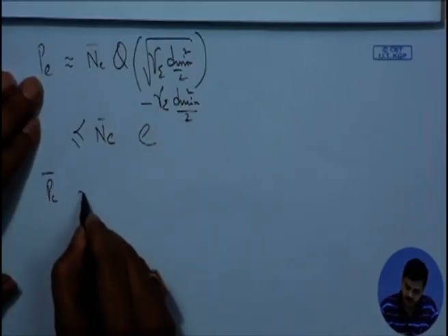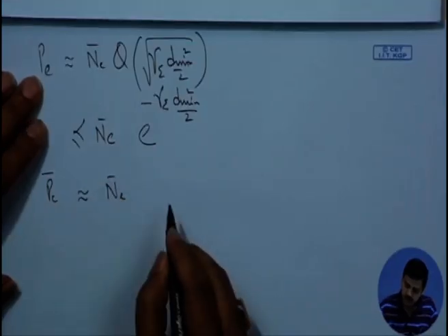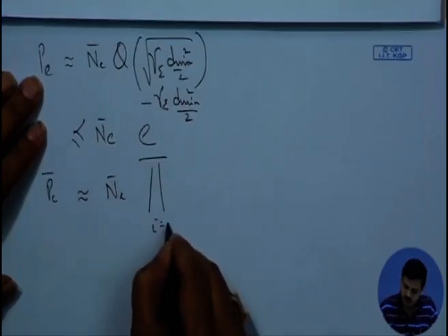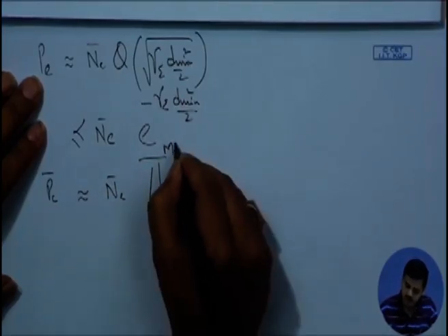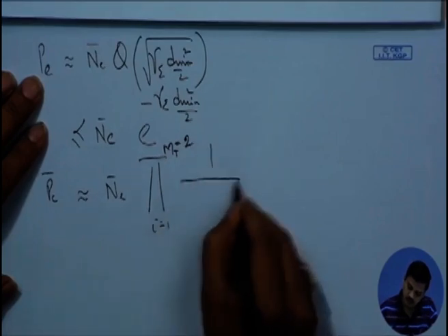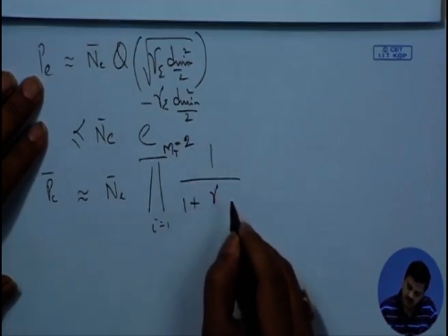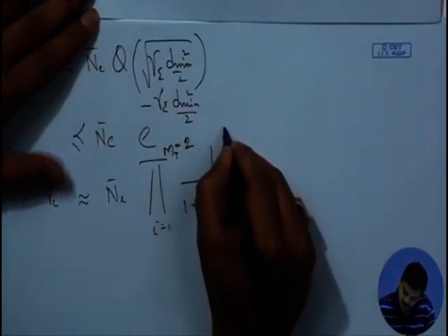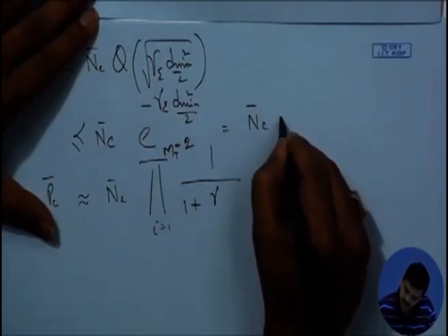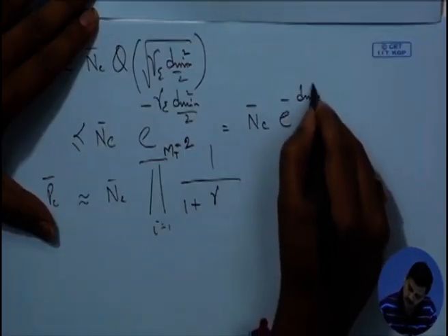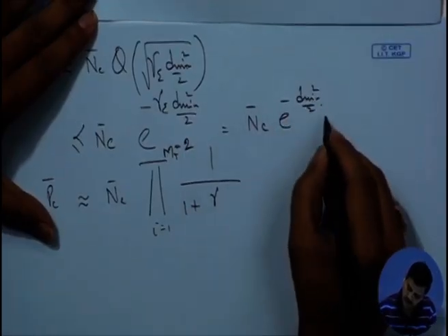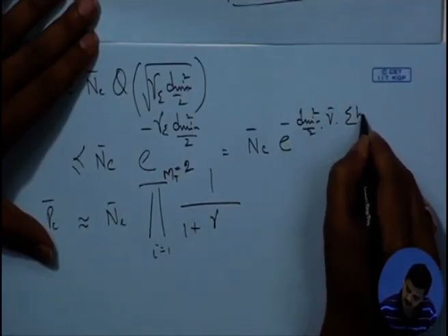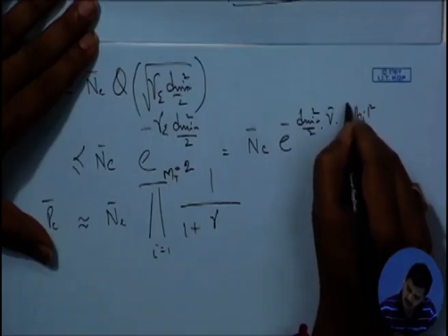So PE bar you would approximate it to be NE bar, and this one is clear, it is the product of i equals 1 to MT. MT is equal to 2 in this case, 1 by 1 plus this particular expression, sorry, we need to expand this: NE bar e to the power of minus d mean squared by 2 and gamma bar times the sum of h_i squared, i equals 1 to 2.